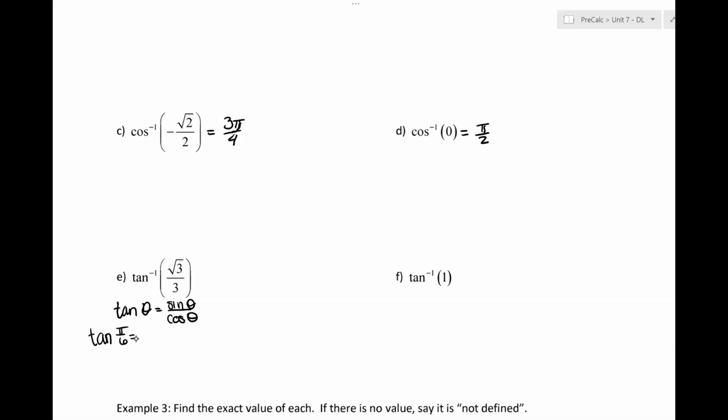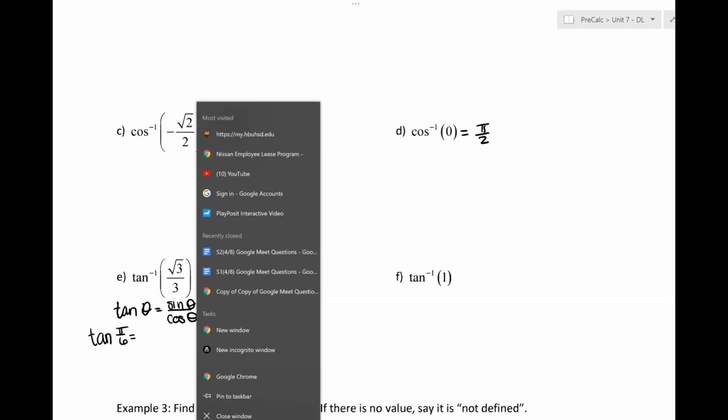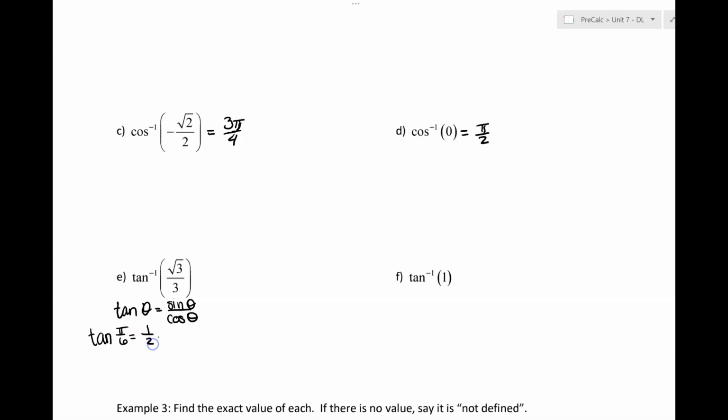The sine of pi over 6 is 1/2, and the cosine is rad 3 over 2. So if we divide this 1/2, keep change flip because we're dividing fractions, we end up with 1 over rad 3, and when we rationalize, we get rad 3 over 3. Right away we know that that's our answer.